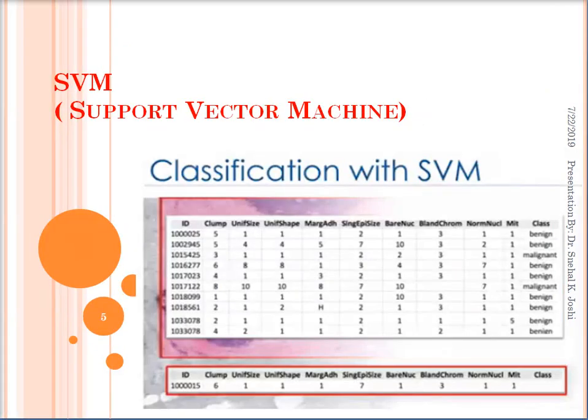This particular slide, if you look at it, shows a sample data set having 11 attributes. The class attribute, the last one, is of categorical type and has a value of benign or malignant, that means 0 or 1.